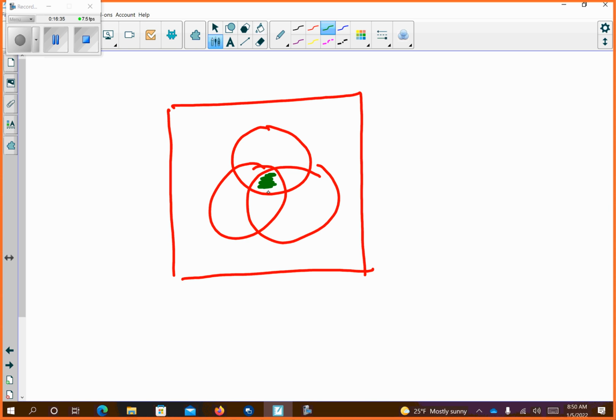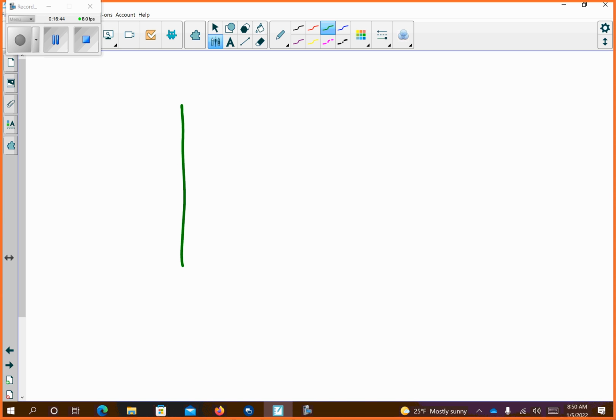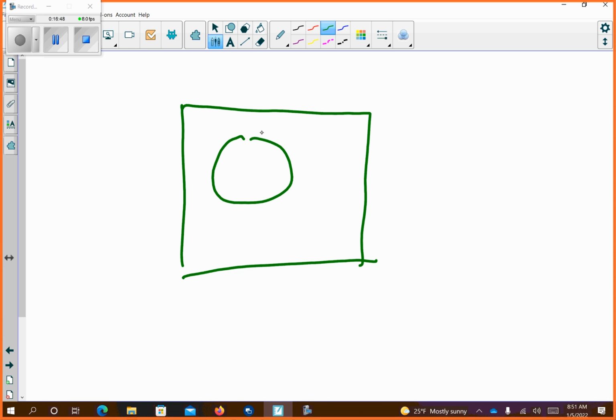That would mean these would be the people that are taking all 3 of the courses. Okay, so, oh man, I messed this up. Let's do this. Let's do the Venn diagram like they have it. So you have 2 circles here and here. Then you have your overlap here.